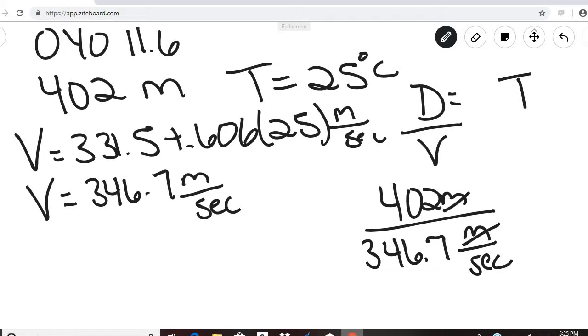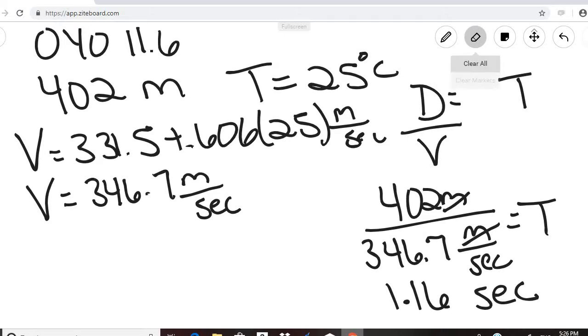So meters are going to cancel, and you'll be left with units of seconds. And it looks like we can have three significant figures. So the answer would be 1.16 seconds. So 1.16 seconds will elapse between the time when you see the smoke from the starter gun and when you hear the starter gun.